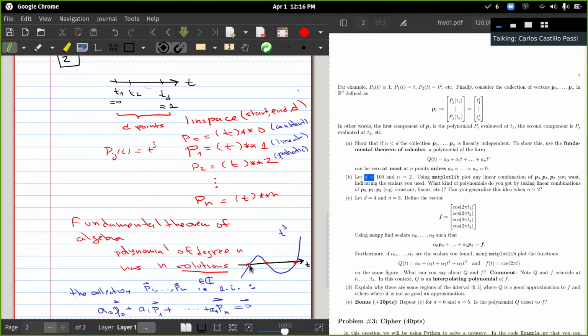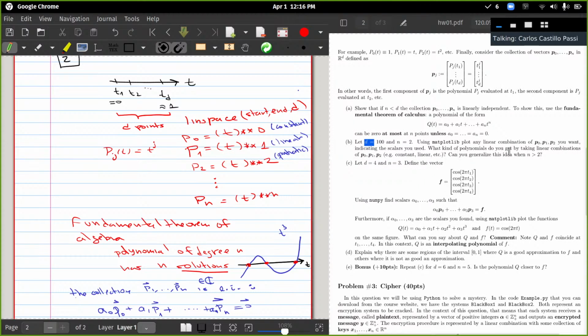So you need to think about the space of all the linear combinations of P0, P1, P2, which type of polynomial it represents. And then can you generalize that idea for n greater than 2? Okay.